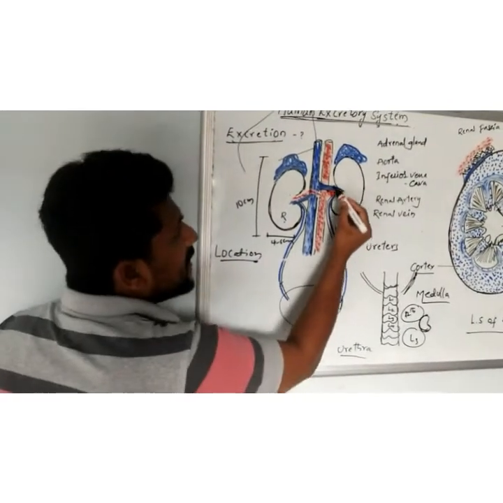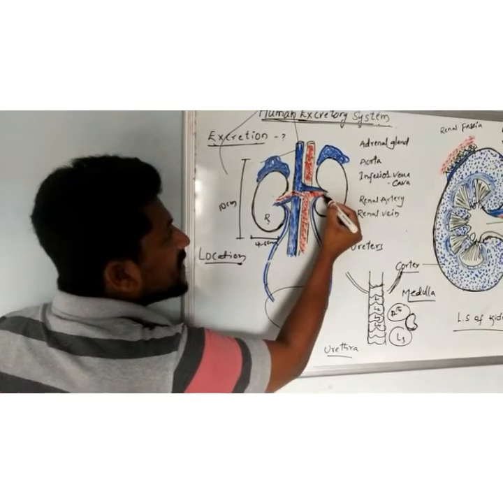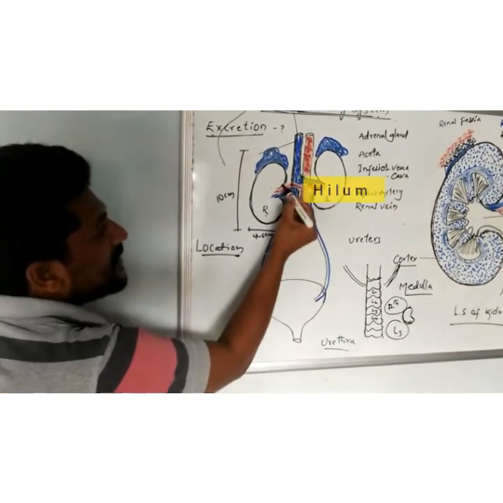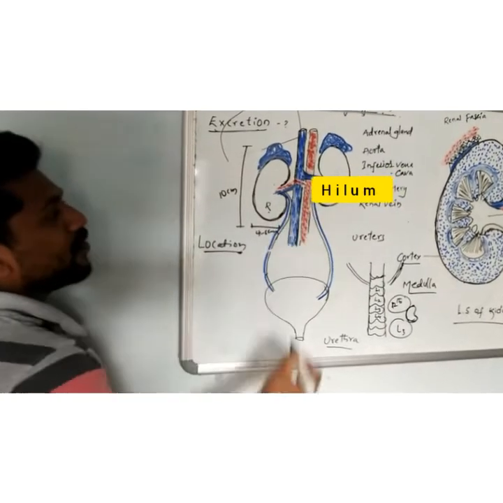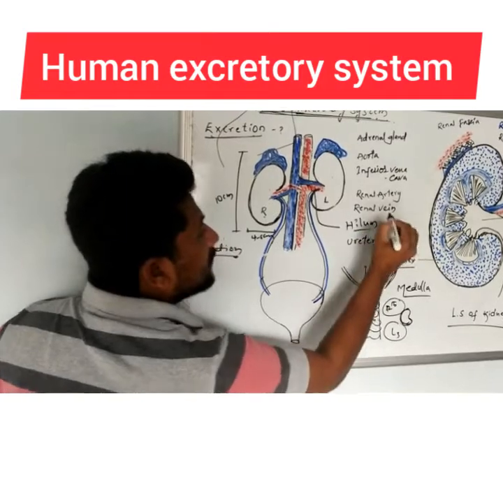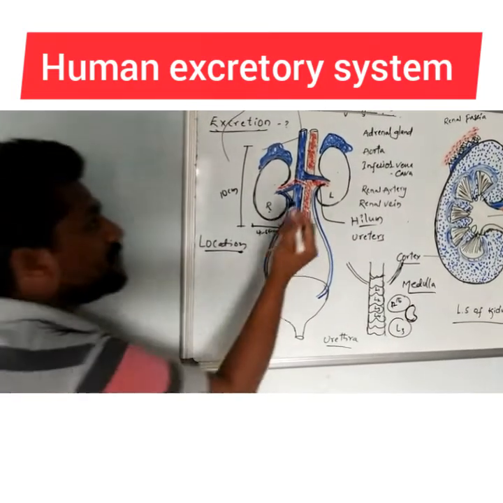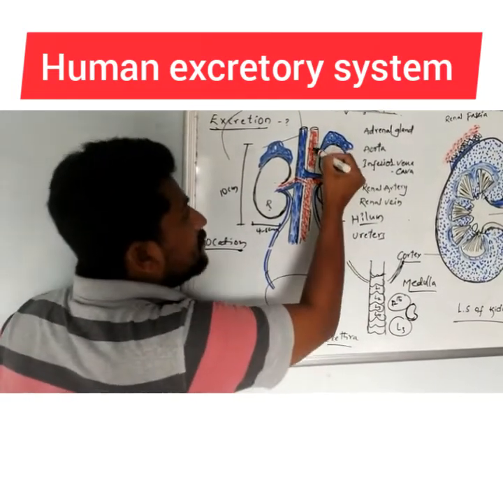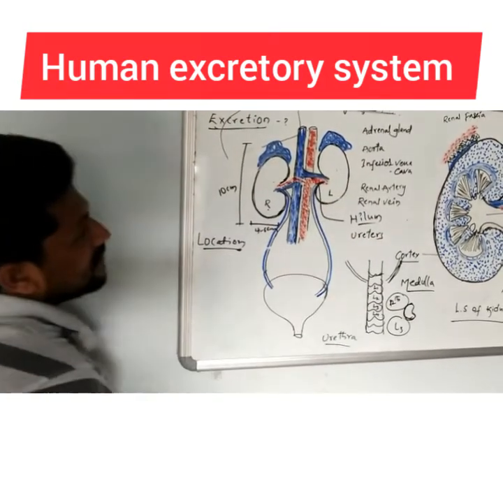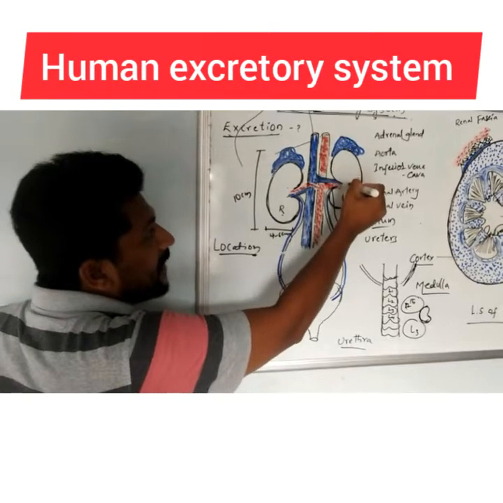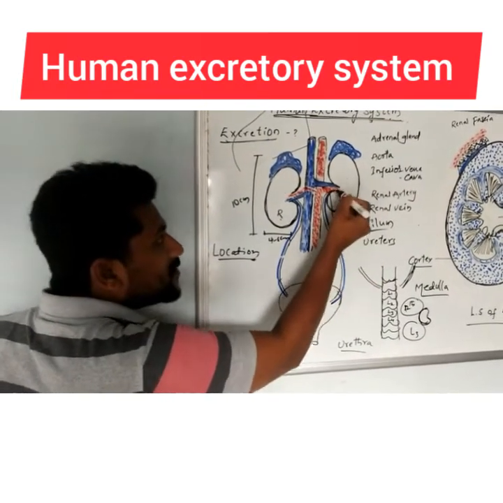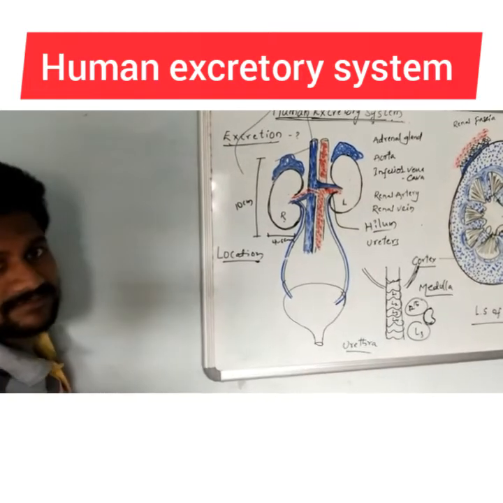Each kidney has a concave part on the inner side. This concave part is known as the hilus or hilum. The blood vessels enter and come out from the hilus, and at the same time the ureters also come from the hilus.